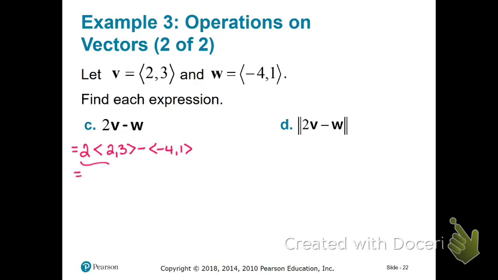Multiply. So we're going to do this part. So we end up with the components of 4, 6. And we're going to subtract vector w from that. So remember, that means subtract your first components and then subtract your second components.